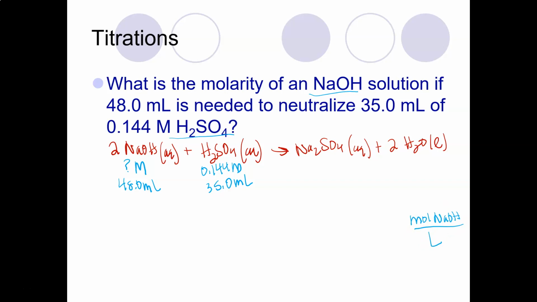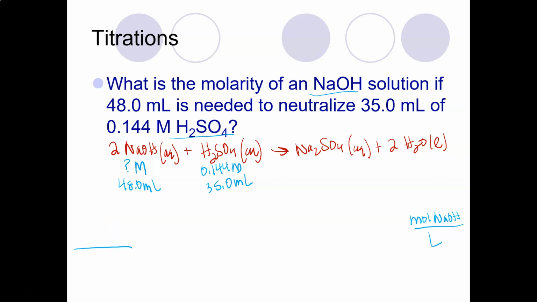Now we've got to pick something to start with. There are three numbers, and one of them is a molarity, so I will not be starting with 0.144 molarity H2SO4. We never start with a molarity. Our answer needs to have a unit on top and a unit on the bottom, so when I start, I need to have a number on top and a number on bottom, because my answer needs to have two units.